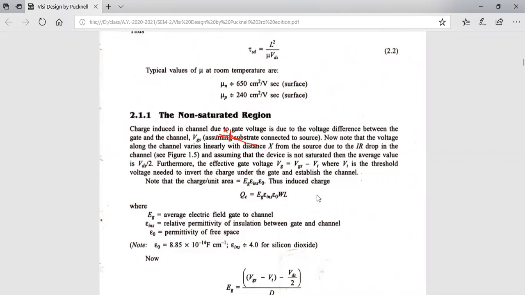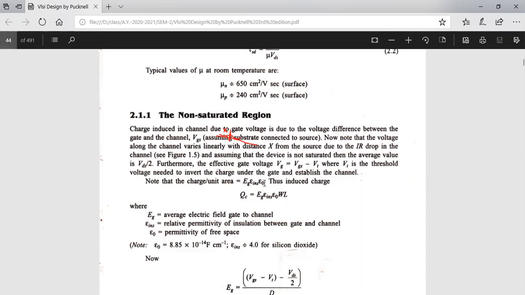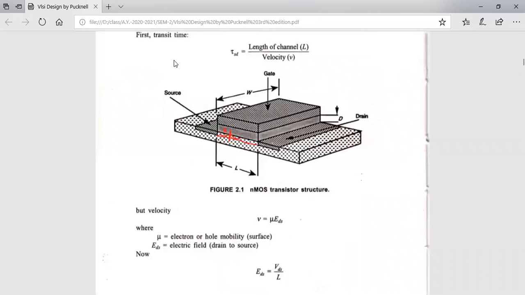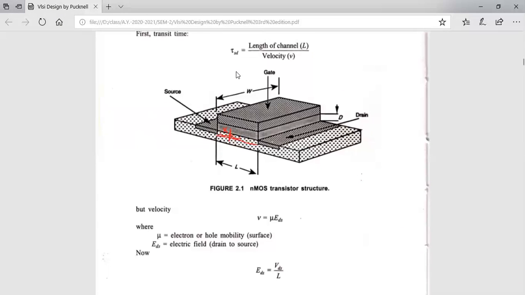Charge per unit area is Eg into epsilon ins into epsilon naught.